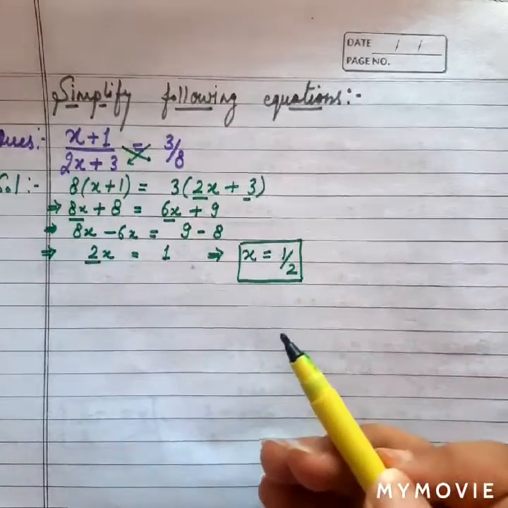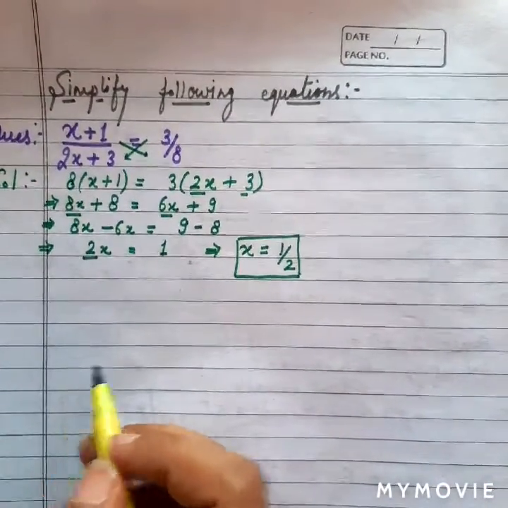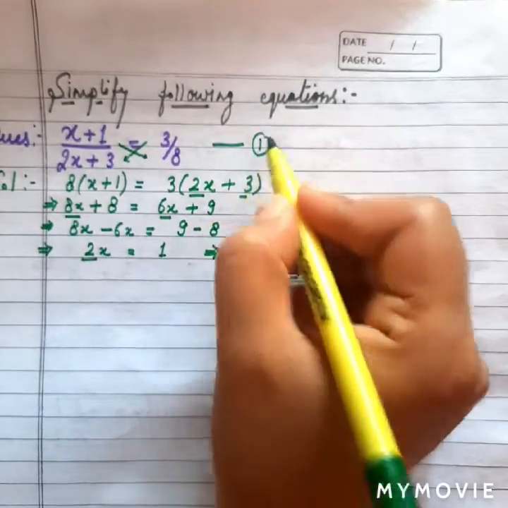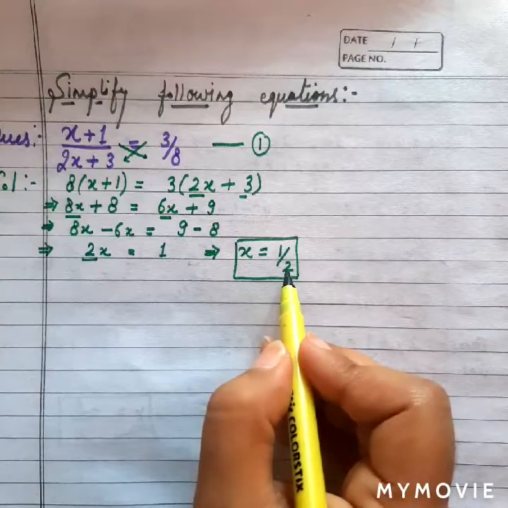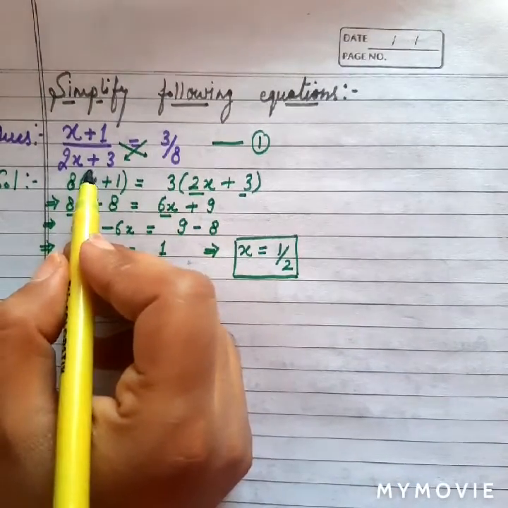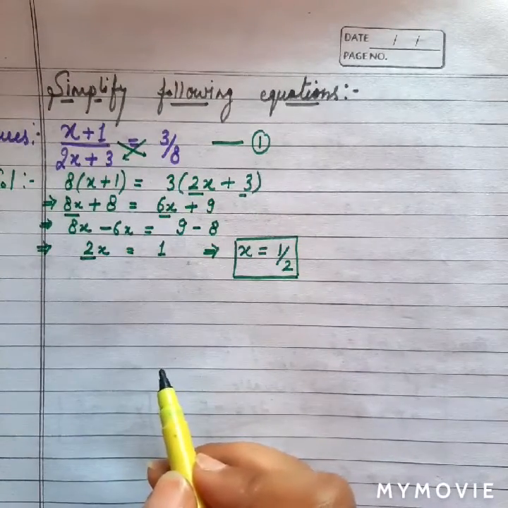Now in order to judge whether our value is right or not, let us say this is equation 1, we will put this value in the left hand side of the equation, and if this left hand side becomes equal to right hand side, then our answer will be correct, right?